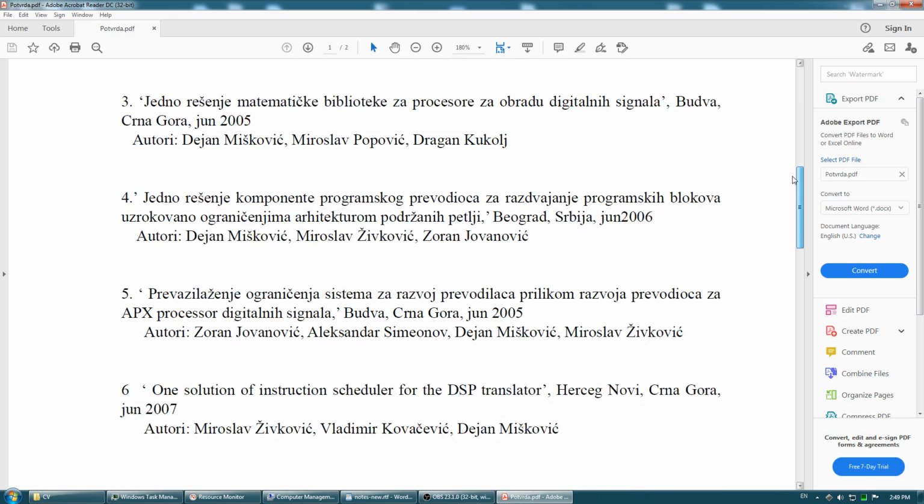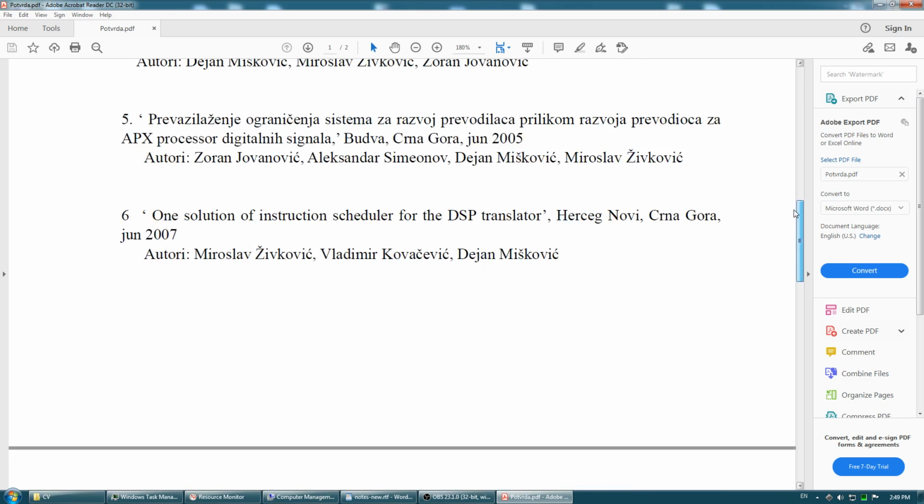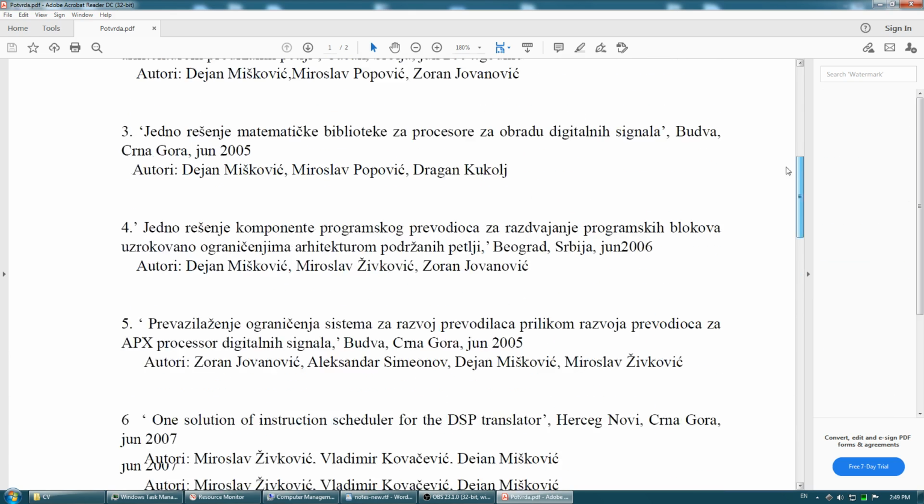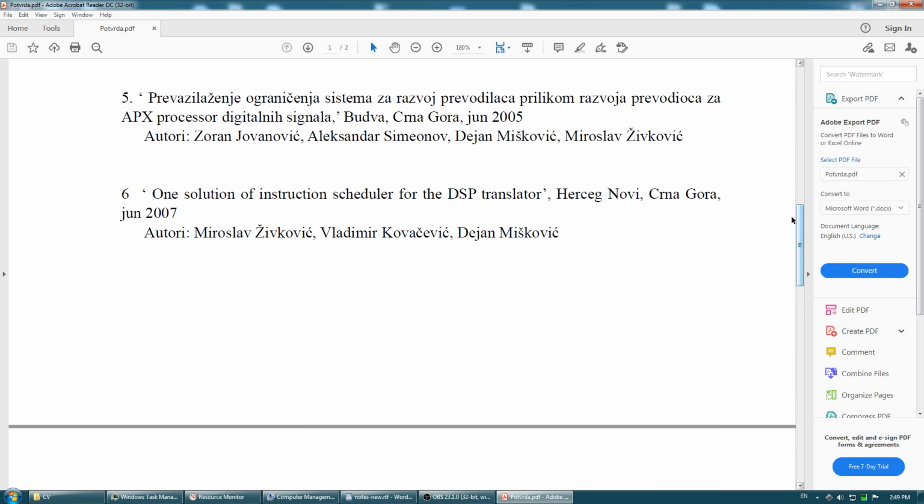So these are papers I've published. 6 of them, 4 as the first author, and this is incorrect. I wasn't mentor in this project, so this was the mentor, so it should be in second place. So this was a mistake.